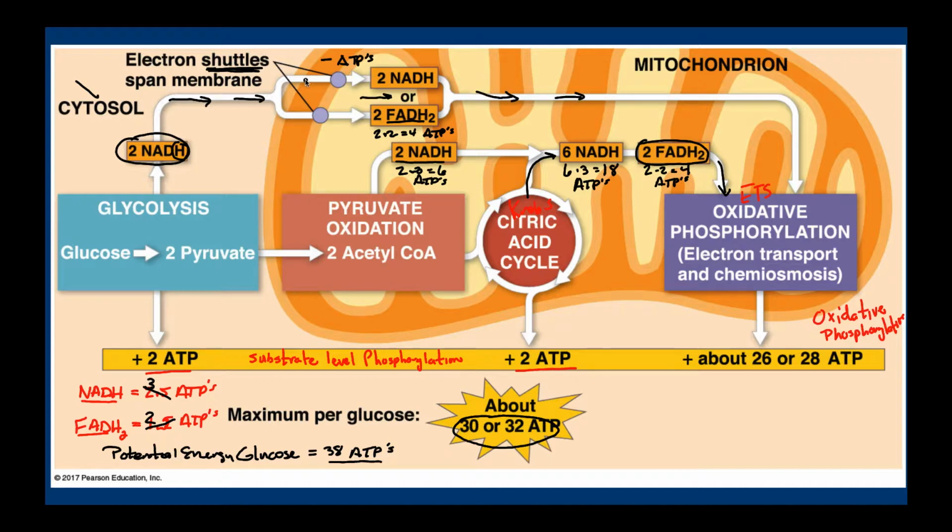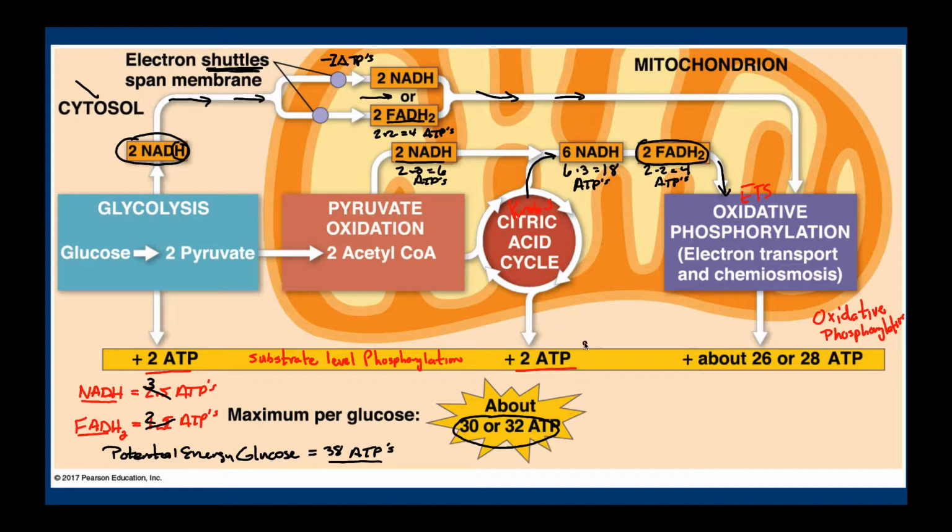So it's a bit of work getting those electrons out in the cytoplasm into the mitochondrion for ATP production. So it's going to cost the cell a couple ATPs for doing that work. Okay, and we'll take that into account here when we add everything up.